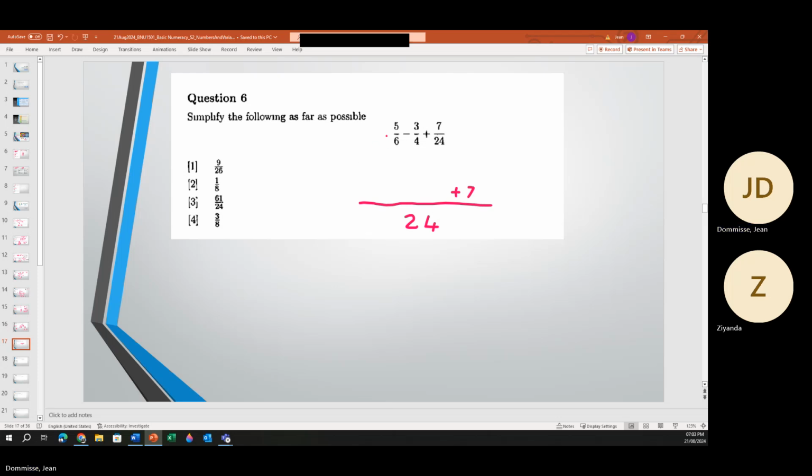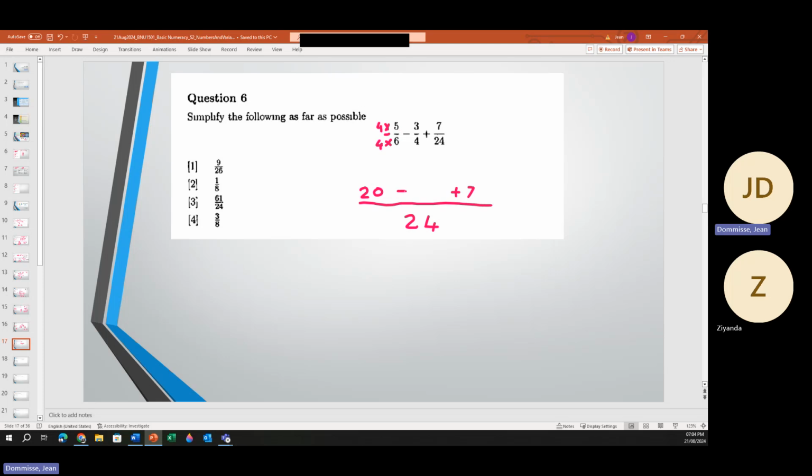So how do I change the 5 over 6 to something over 24? At the bottom, to get the 6 to 24, I multiplied by 4. So what I do at the bottom, I do at the top as well. 5 times 4 gives me 20, so 20 over 24 is the same as 5 over 6.